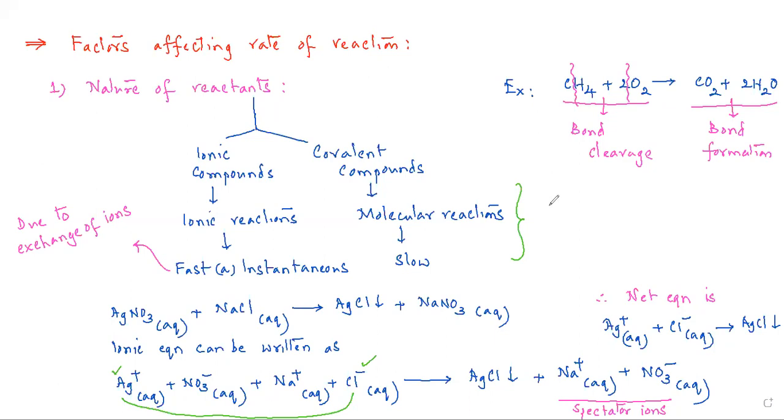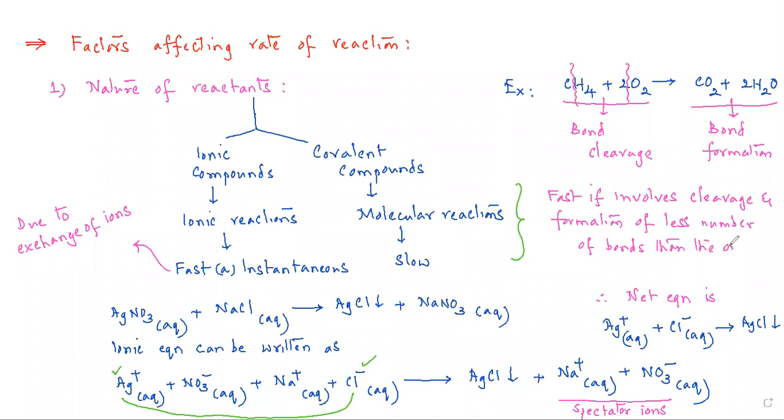Look at this. Within this, the reaction is fast if it involves cleavage and formation of a lesser number of bonds than the one with a greater number of bonds.